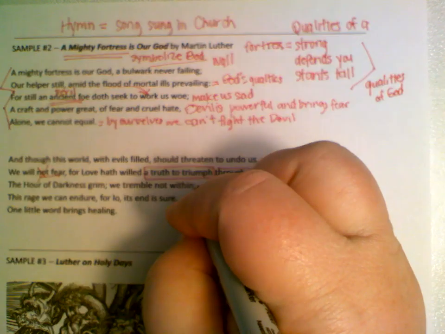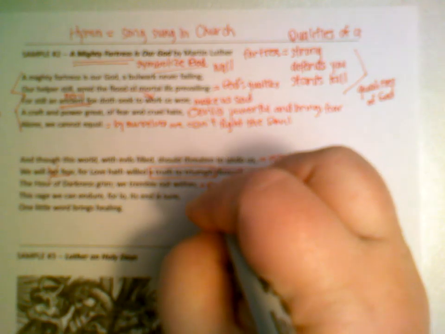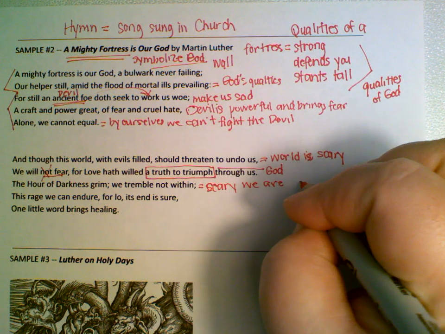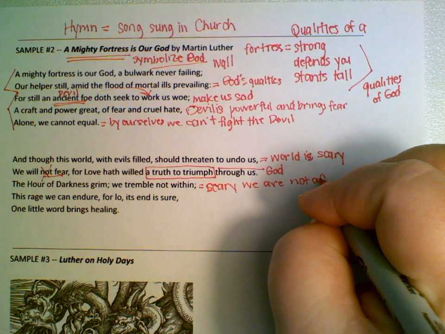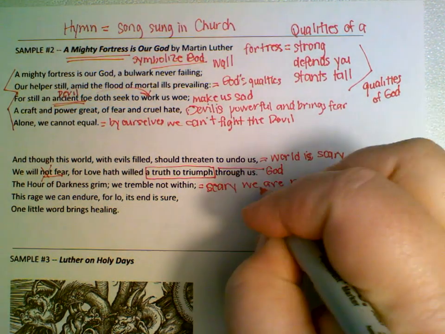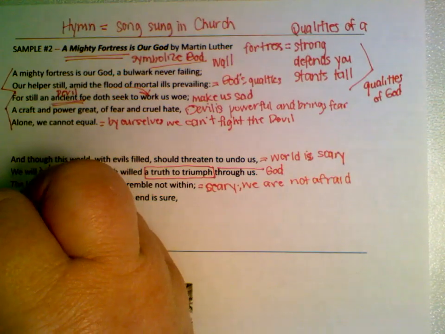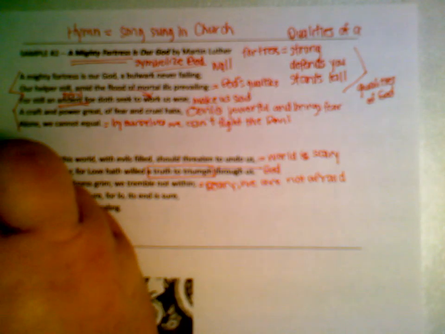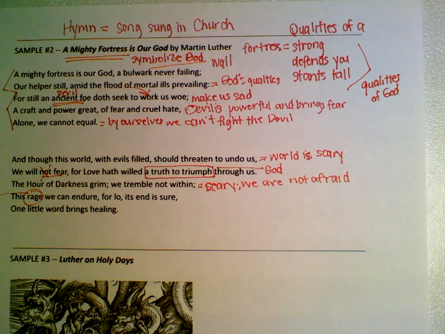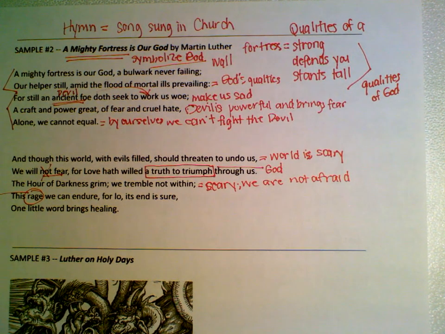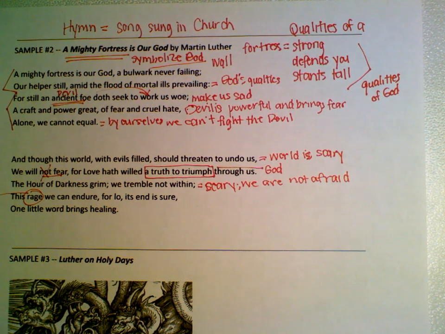So even though it's scary, we are not afraid. This rage we can endure, for lo, its end is sure. Where is the rage coming from? The rage is coming from the devil. Okay? We can endure. We can get by. We know that we can.